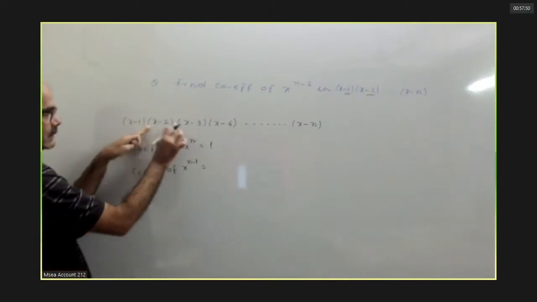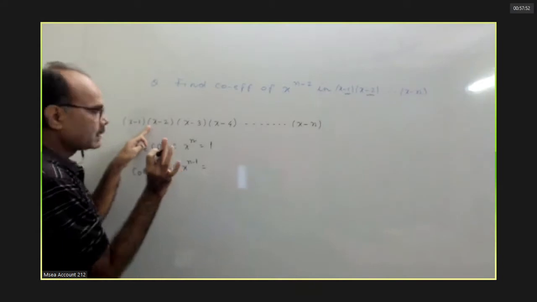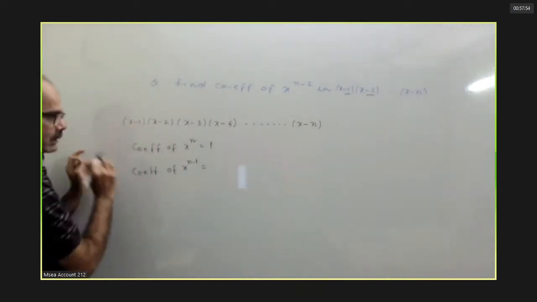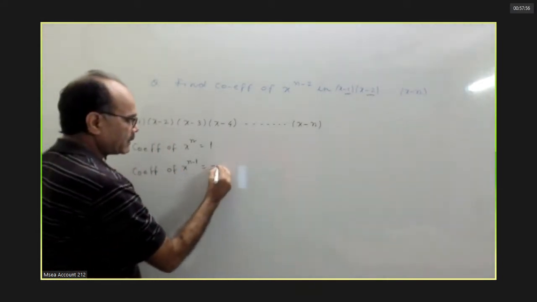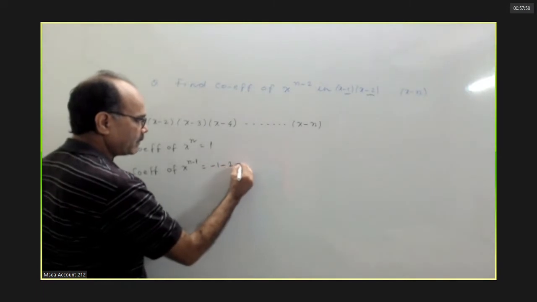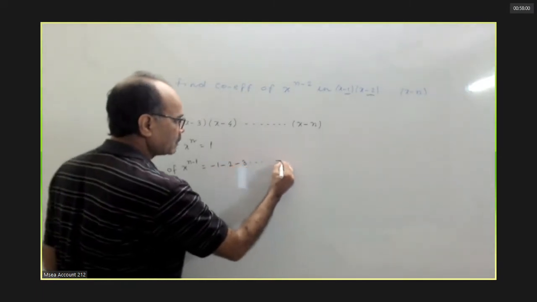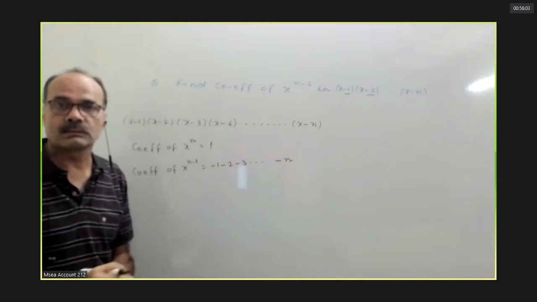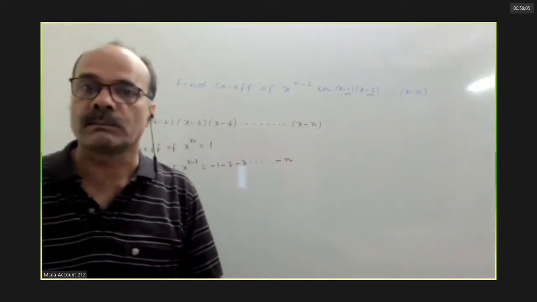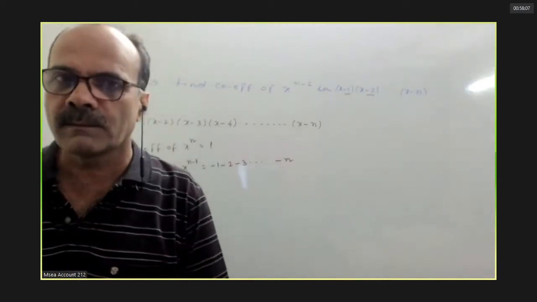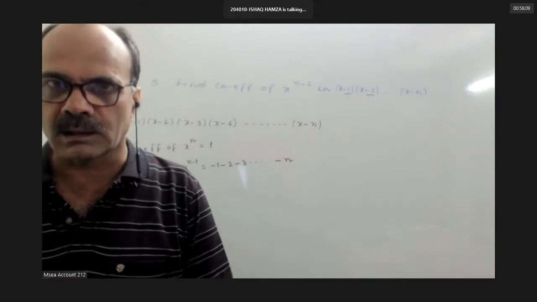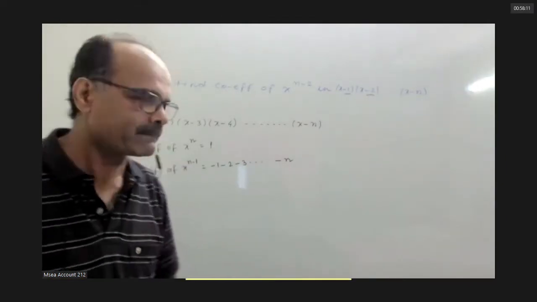All the factors you multiply with x, and with this factor -1. So it will be -1, -2, -3, and so on, -n. What will this be? Minus times n into n plus 1 by 2. Okay?